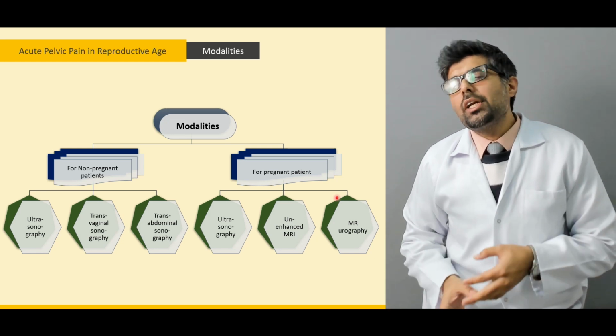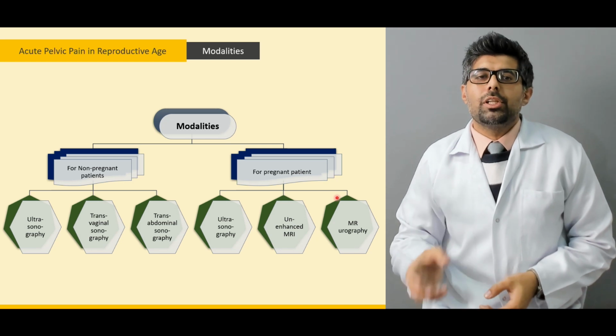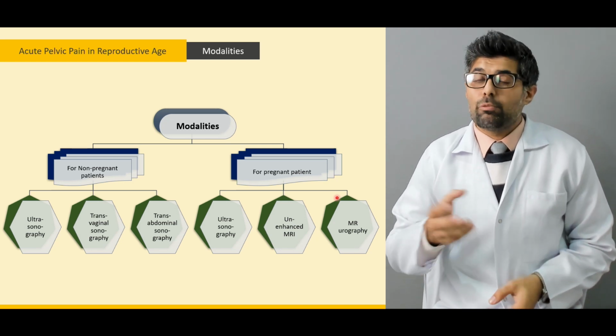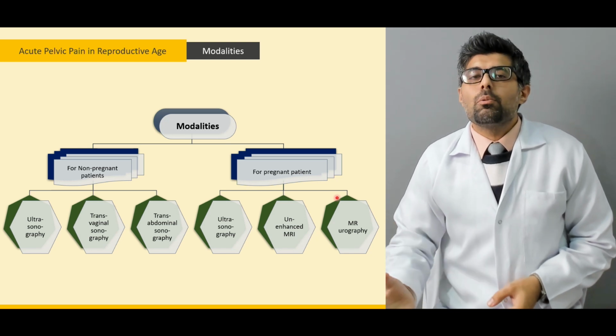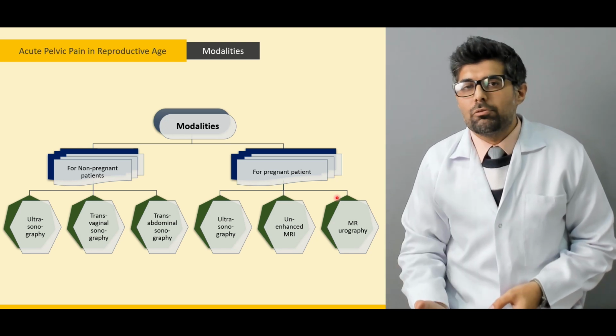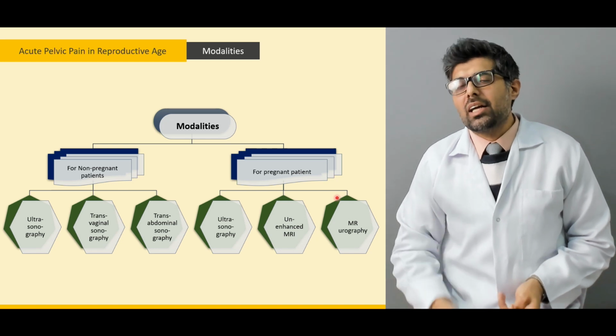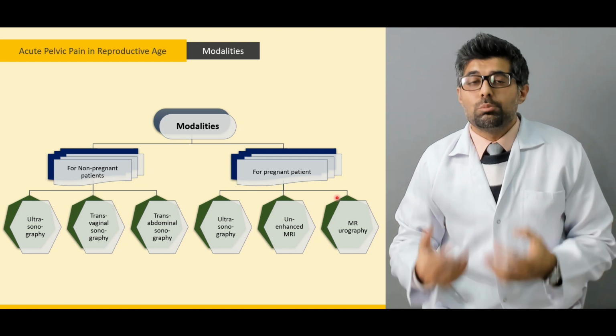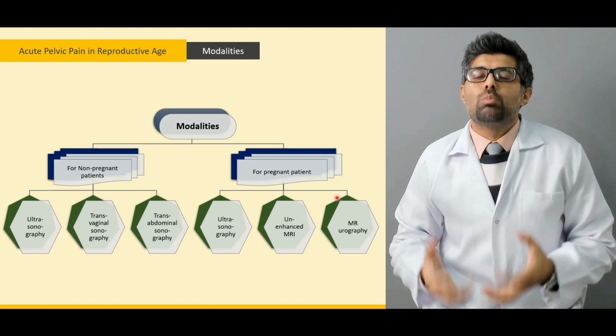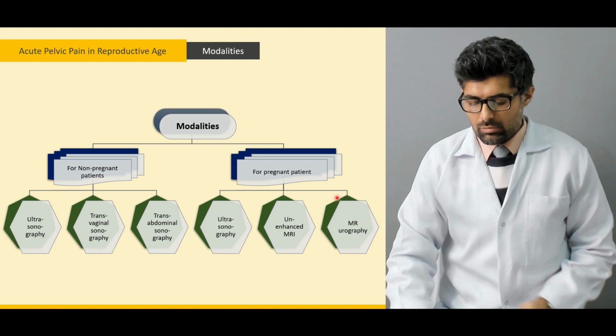Now, contrast media cannot be introduced in the pregnant patient. So, for those patients, instead of doing an IVU, we perform its more advanced version, which is the magnetic resonance urography. It is both safe and reliable.